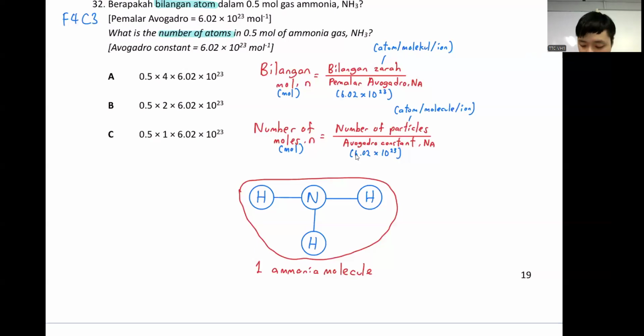In this case, you got one nitrogen atom, three hydrogen atoms. So total 1 plus 3 is 4. So inside got 4 atoms. Right? So the answer is A. Simple, right?